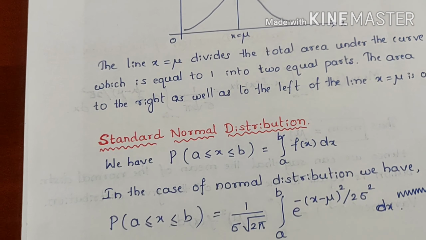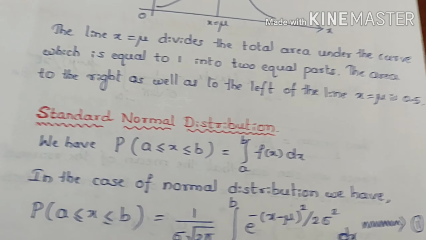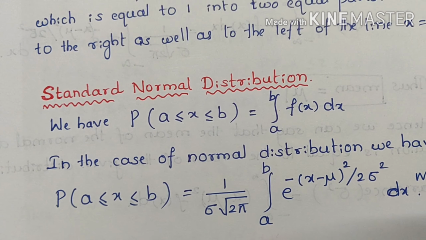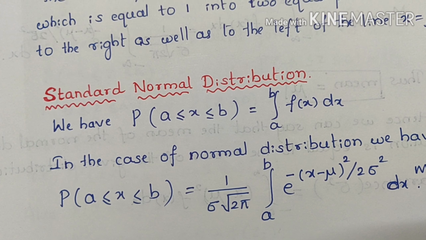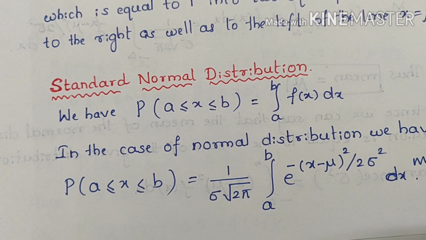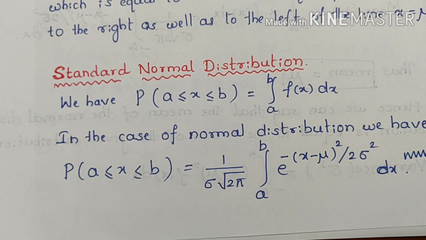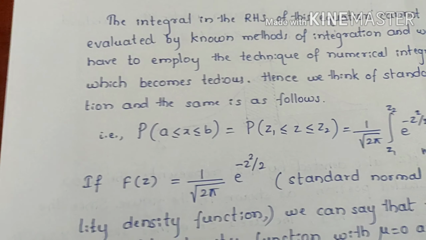Now the standard normal distribution. Here we are giving the limits for an interval. So x lies between a and b, the integral from a to b of f(x) dx. In the case of the normal distribution, the function is the same, but x lies between a and b. Call this equation 1.